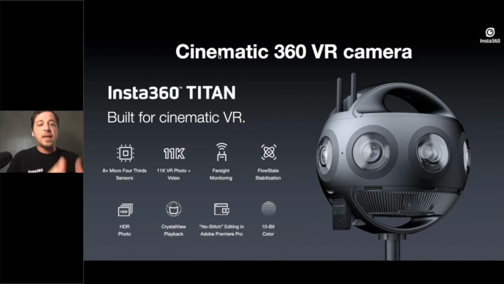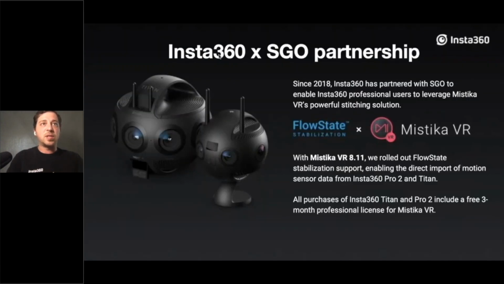Now, the key here is that we mentioned Mistika's on the call. Since 2008, Insta360 has had a phenomenal relationship with SGO, and since then we've enabled a range of other features, including direct importing of motion sensor data from Insta360 Pro 2 and Titan.